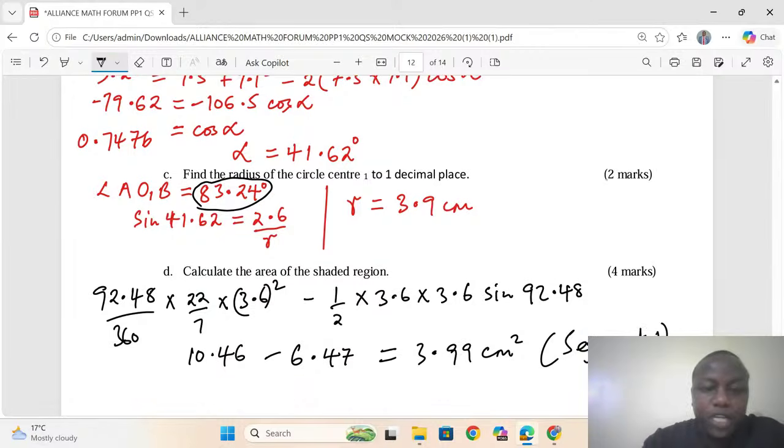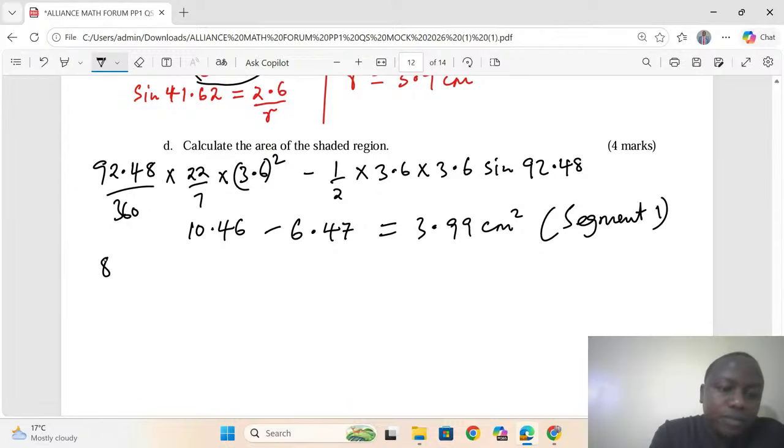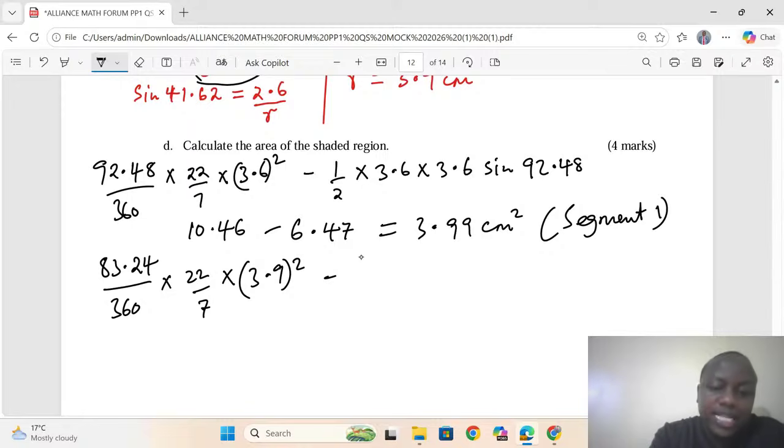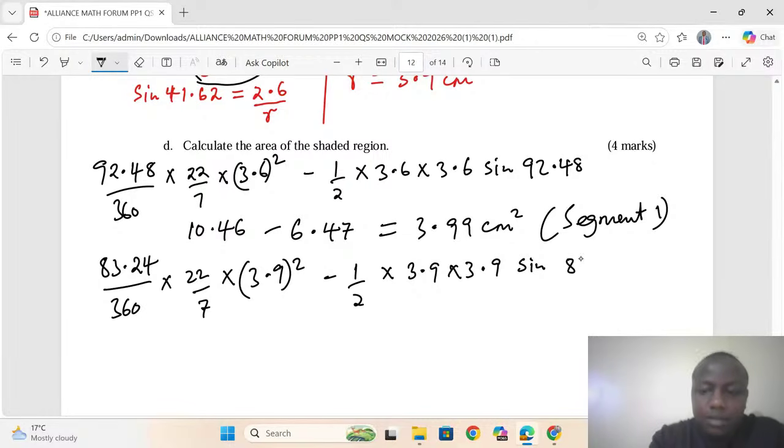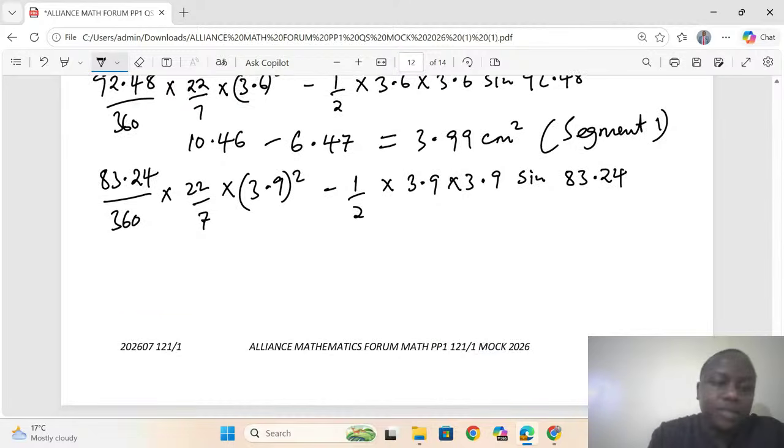So 83.24 over 360 pi r, 3.9, we calculated this, squared, then minus the triangle, half times 3.9 times 3.9 sine of the angle. That way we can compute this sector first.